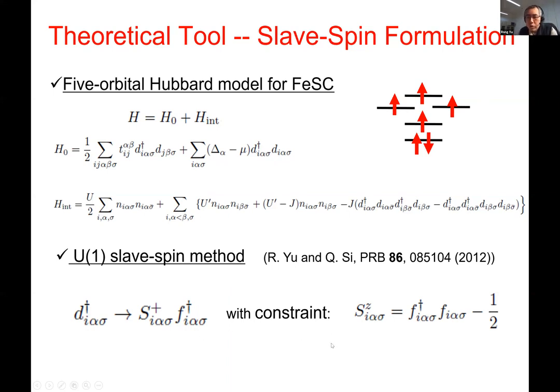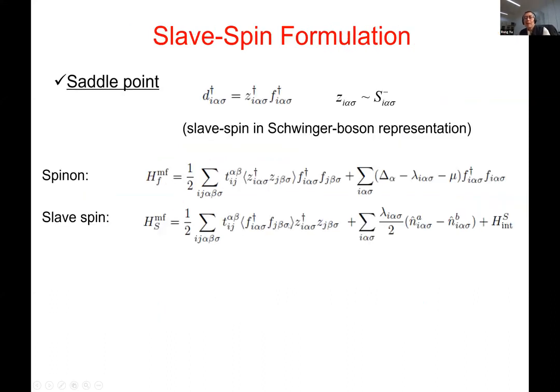And we also introduce a constraint to limit the Hilbert space to the physical sector. And to get the saddle point solution, we rewrite this electron creation operator in terms of the Z-dressed slave spin operator and a fermionic spinon operator. So here the dressed operator is proportional to this slave spin operator previously introduced.